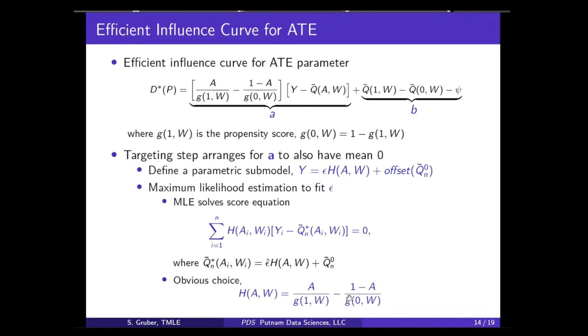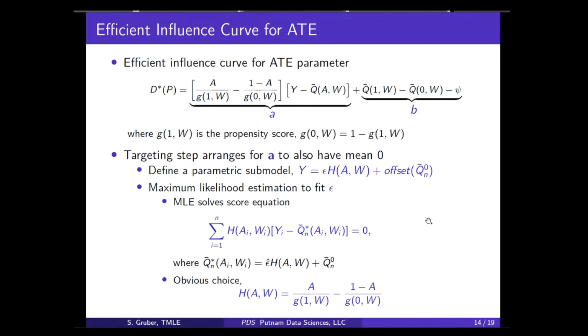We get to choose H. It's easy to choose. You look at the efficient influence curve, and this is the H you choose. If I had a different parameter and I put a different efficient influence curve in front of you, but there's always a Y minus Q here, the H you're going to choose is whatever's in front here. And if you choose that, then you're in good shape.